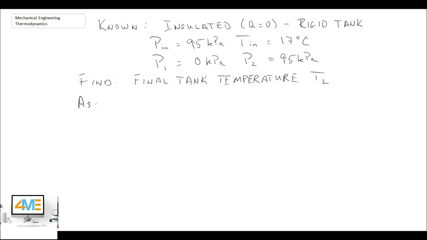And we're told to assume constant specific heat. So Cp and Cv are constants. So that's what we know about the problem, the information that has been provided and what we're trying to find.